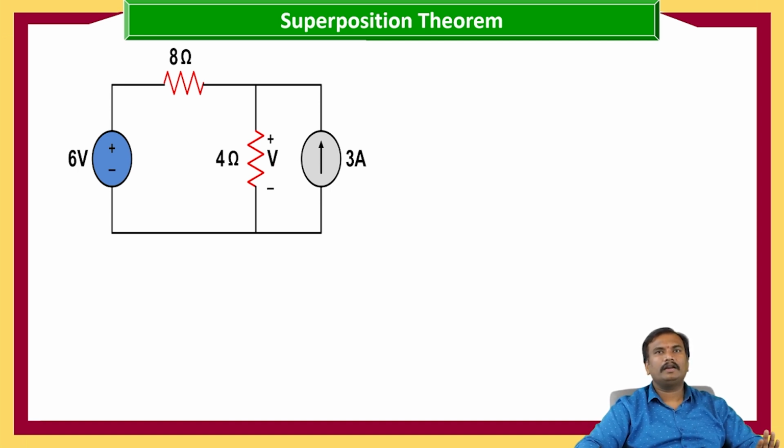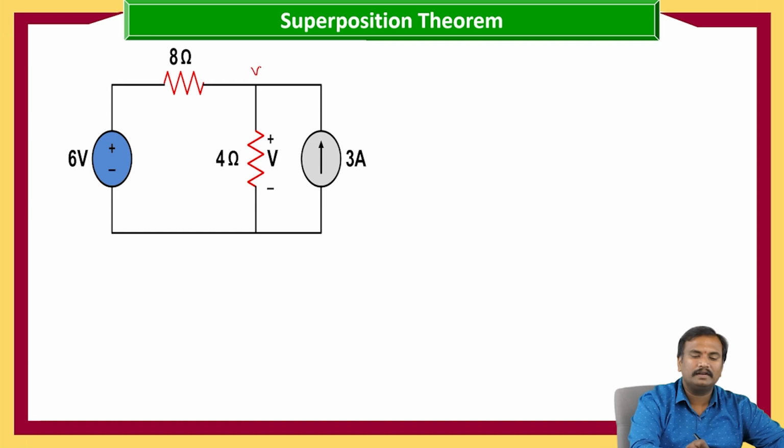So in order to calculate the voltage across 4 ohms, first let us calculate with the normal procedure, either nodal or mesh. Let us verify the statement we have been given. First, when two sources are acting, let us calculate the voltage across 4 ohms.